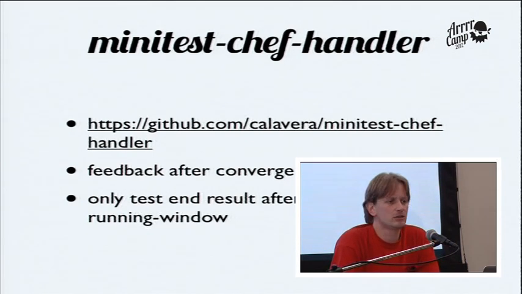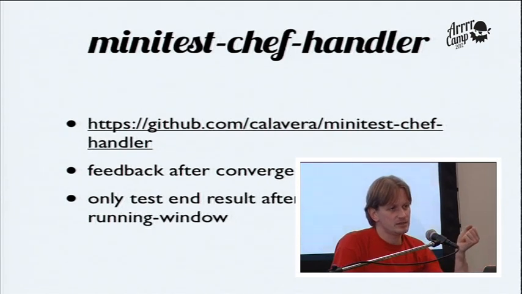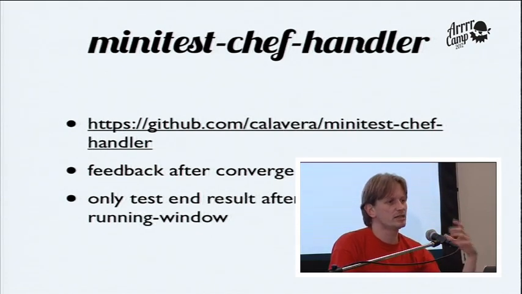Another great thing is the Minitest Chef handler. Chef works with handlers. You can add a handler to a run. It will do something at the end of it or in the beginning. Actually, what this will do is run some tests on the machine where the recipe was applied, still in the context of the run.